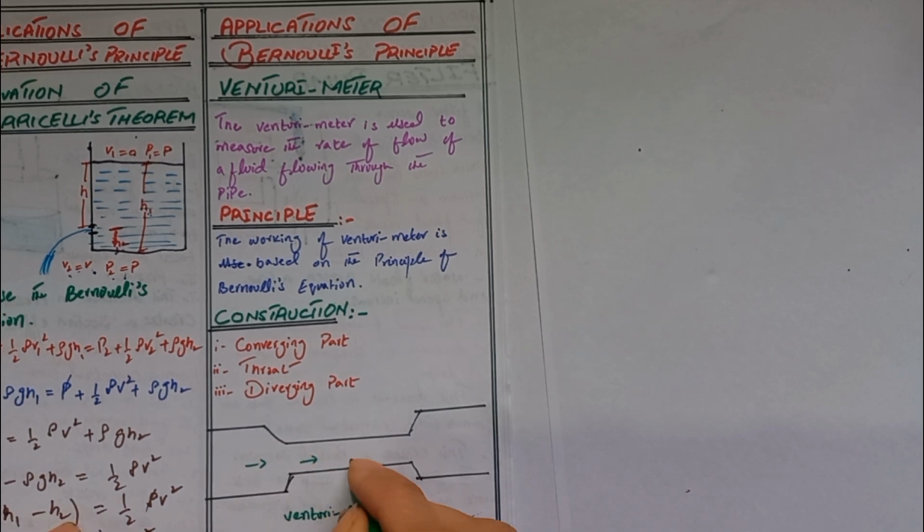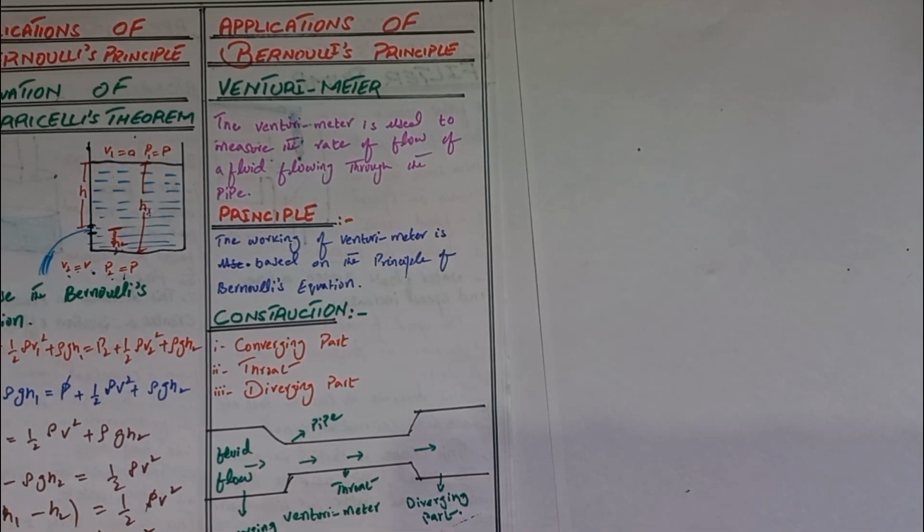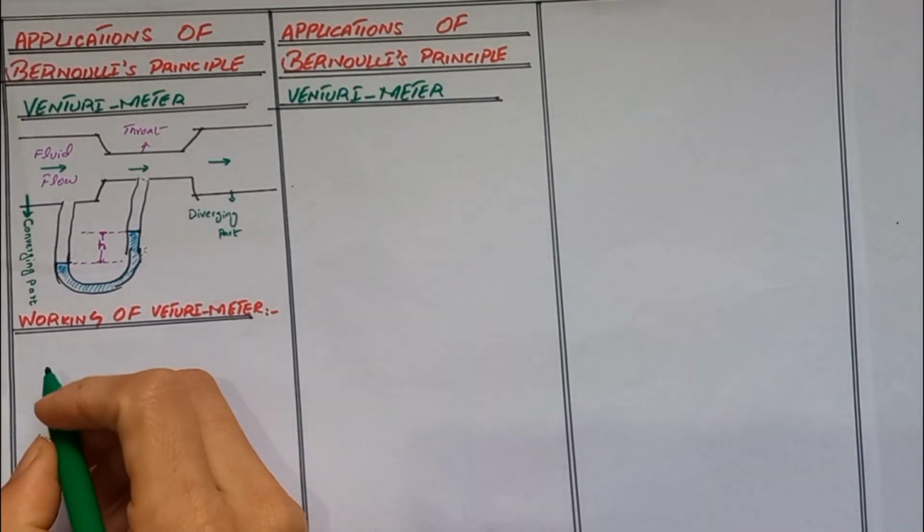Here is the fluid flow in a pipe. This is pipe, and this is the converging part. This area is throat, and this area is diverging part. Now we discuss the working of Venturi meter.